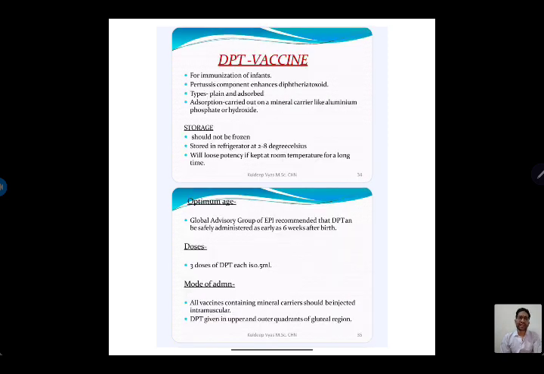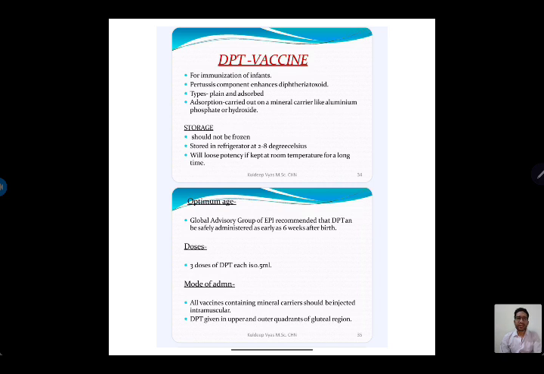DPT vaccine for the immunization of infants: the pertussis component enhances the diphtheria toxoid, types plain and adsorbed. Adsorption is carried out on a mineral carrier like aluminium phosphate or hydroxide.